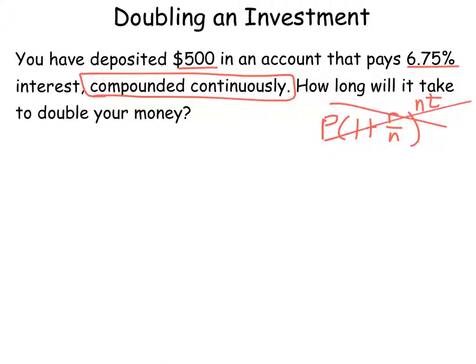This doesn't mention a compounding period, so I don't think that's the way to go. And then you had continuous, which was the special case of base e. And that seems to fit this.